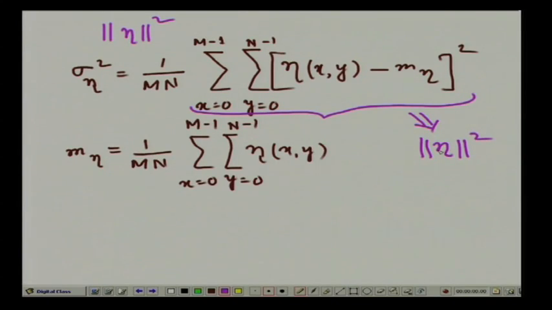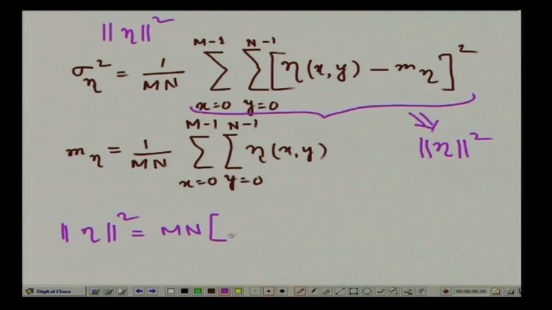So, by making use of this and the mean of the noise, we get that eta square, this noise term, is nothing but capital M into N, where M and N are the dimensions of the image, into (sigma eta square plus m eta square).